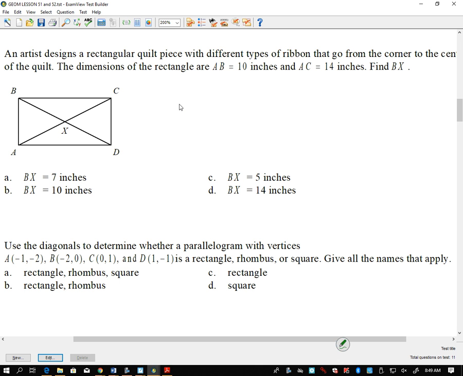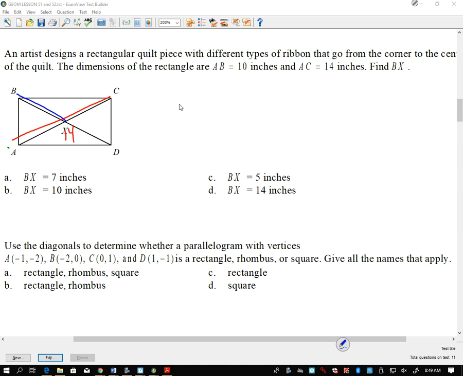The dimensions of the rectangle are AB is 10, and AC, this length right here, is 14 inches. We want to find BX. So we know it's a rectangle, and we know that this red line is 14. We want to know what BX is, what the blue line is. How might we solve something like that?